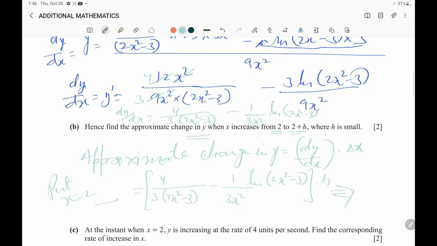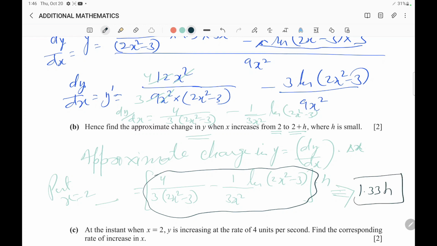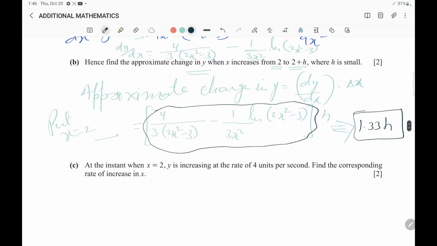After putting x equals 2, we will get the calculation of this part as 1.3254, so we can write 1.33 and h. Okay, h will be there, so your answer should be in terms of h over here.